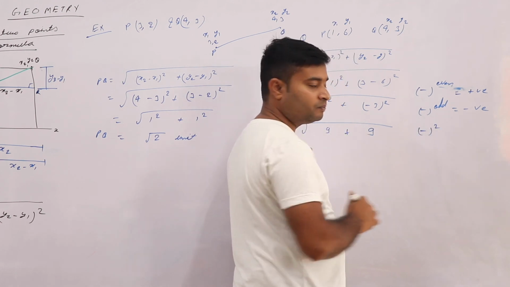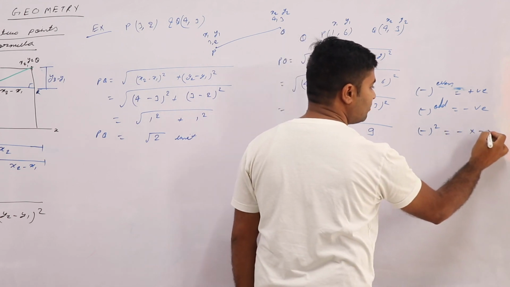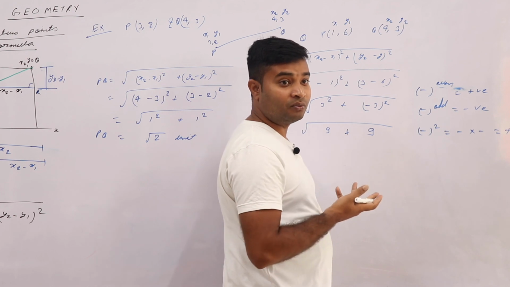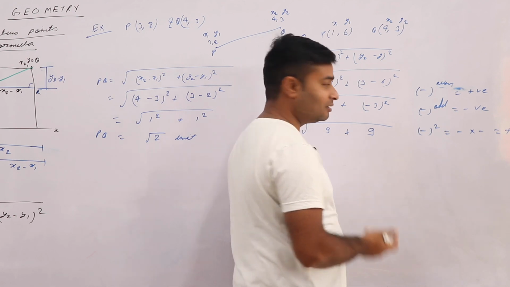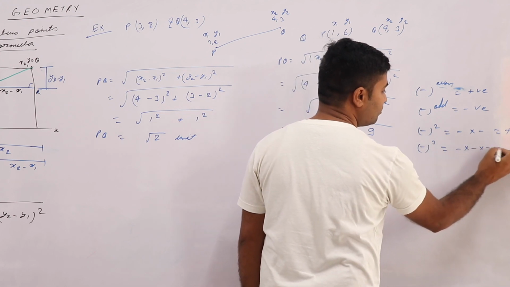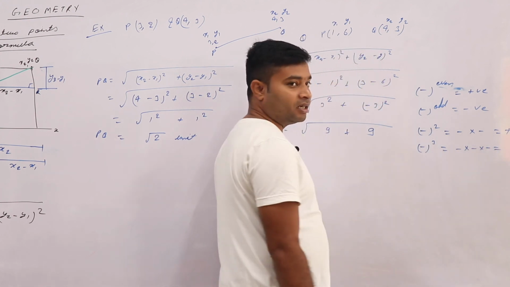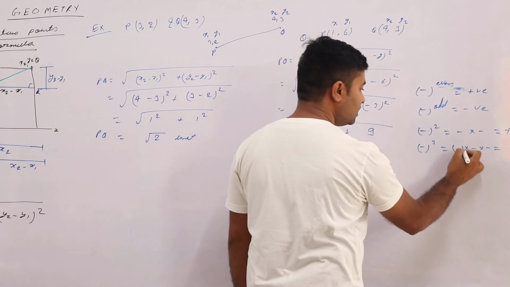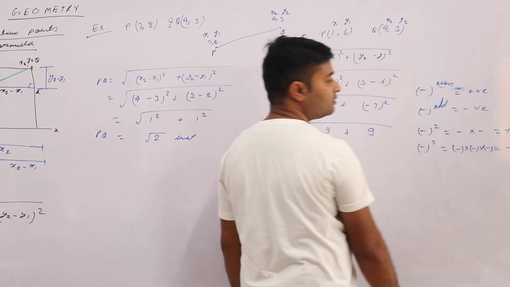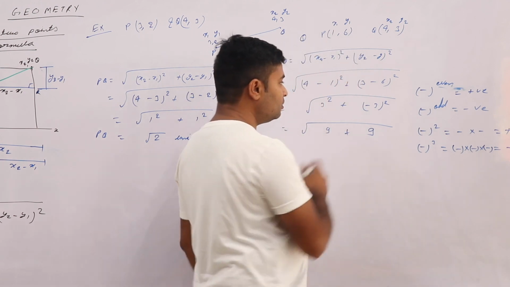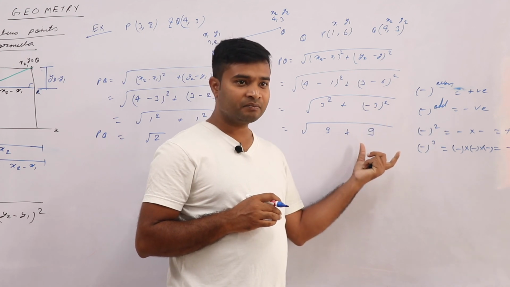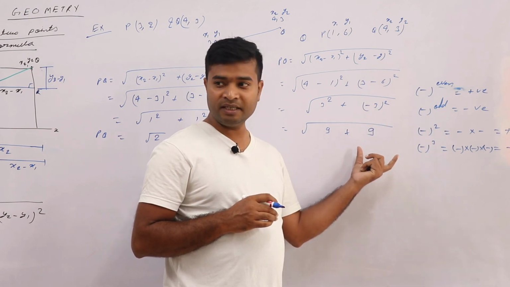Minus to the power 2 means minus into minus. Next, if I say minus to the power 3, it means minus into minus into minus, 3 times minus. Means minus into minus is plus. Plus into minus is minus. Correct. So if minus to the power of square came, 100% it will be plus only.